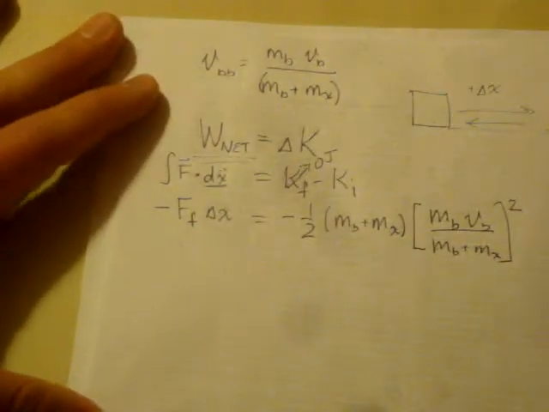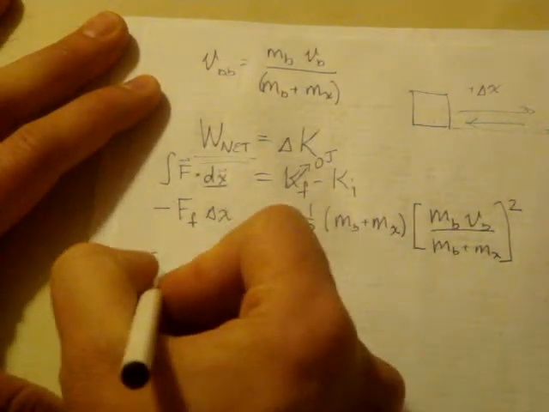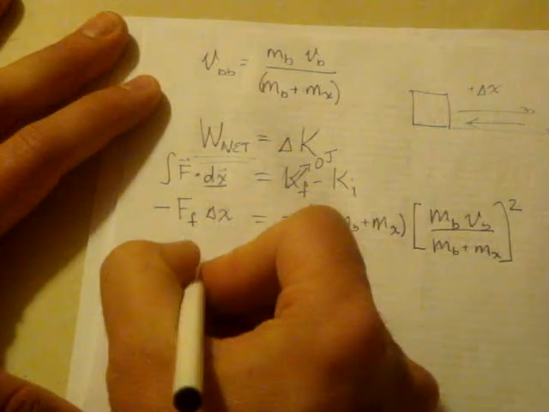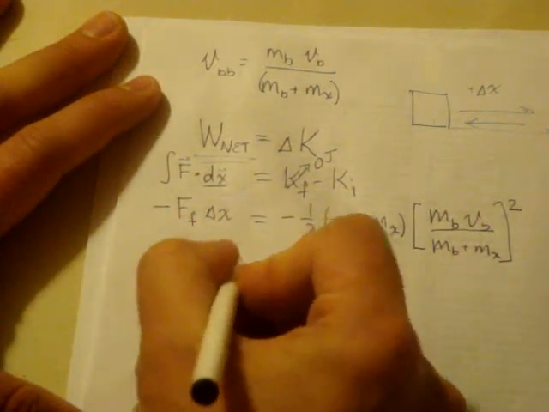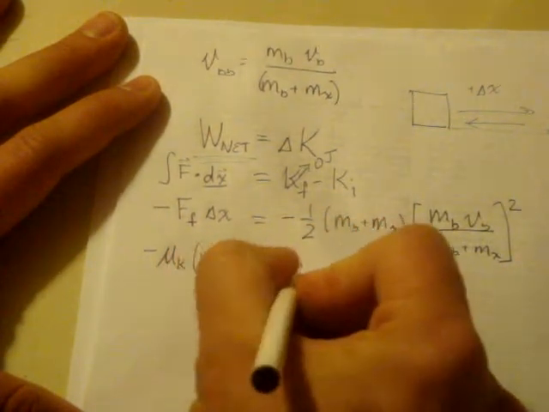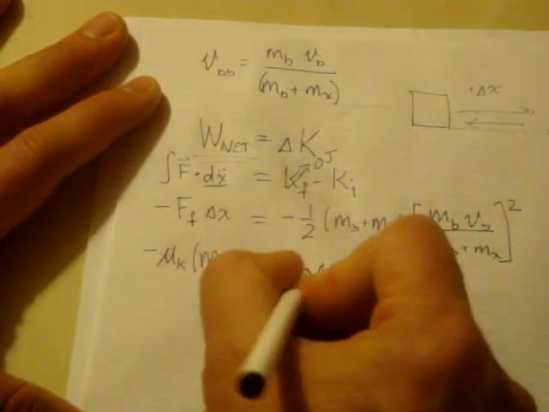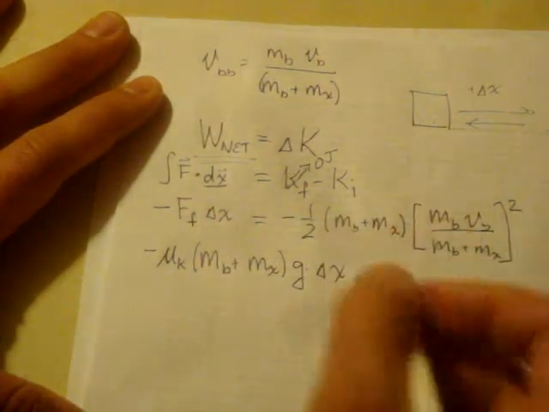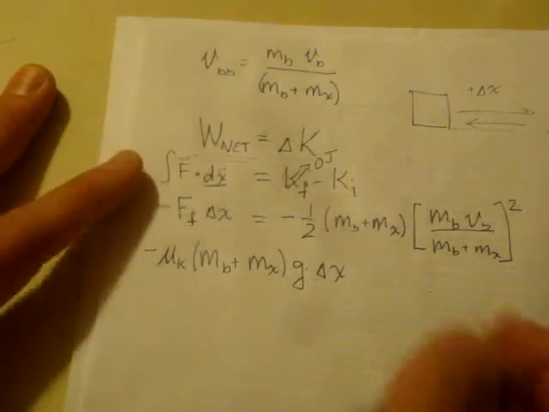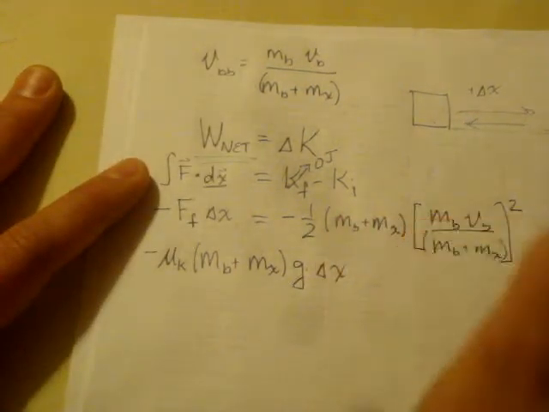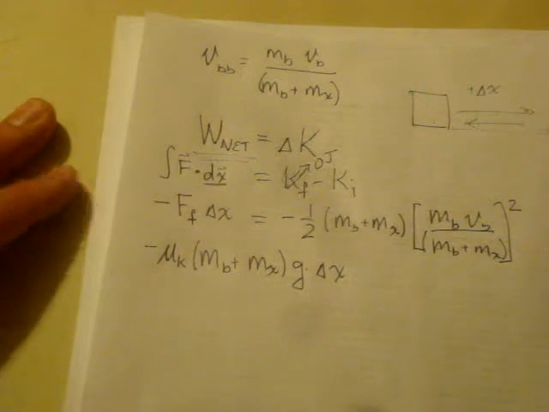Right, so that frictional force that we talked about before is equal to mu k times the normal force, which is mb plus mx times g times the displacement, delta x. And that equals times everything on the top here. Right, so several things start to cancel out a little bit.